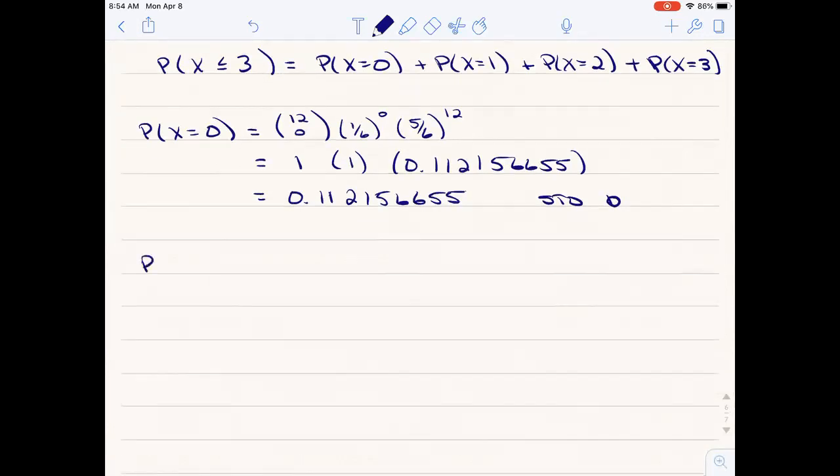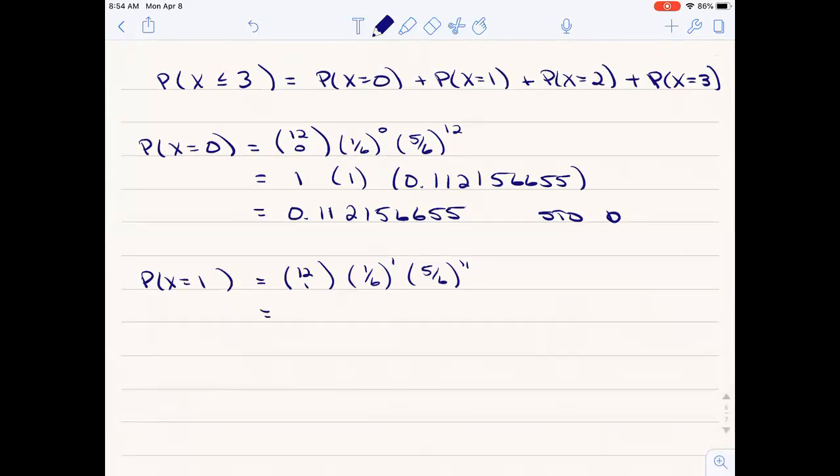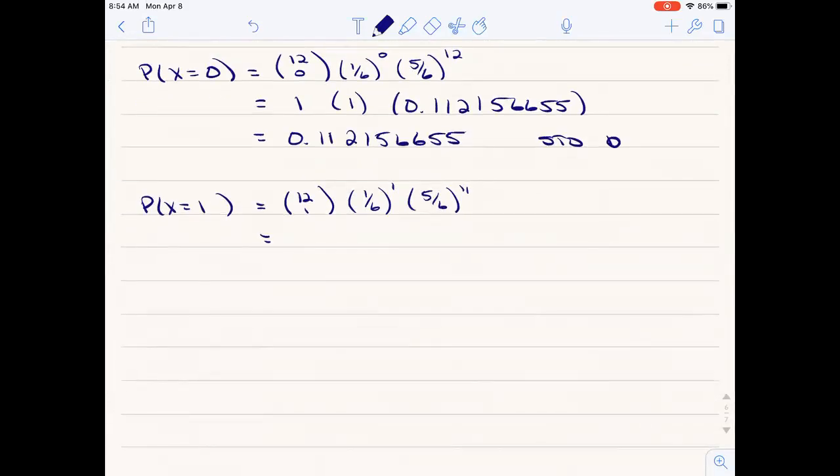So now we find the probability that X equals 1. 12 choose 1 times 1 over 6 to the power of 1 times 5 over 6 to the power of 11. Just cutting corners a little bit, because I know the powers have to add to 12 always. So 12 choose 1 on your calculator: you'll find that there's 12 ways of choosing exactly 1.